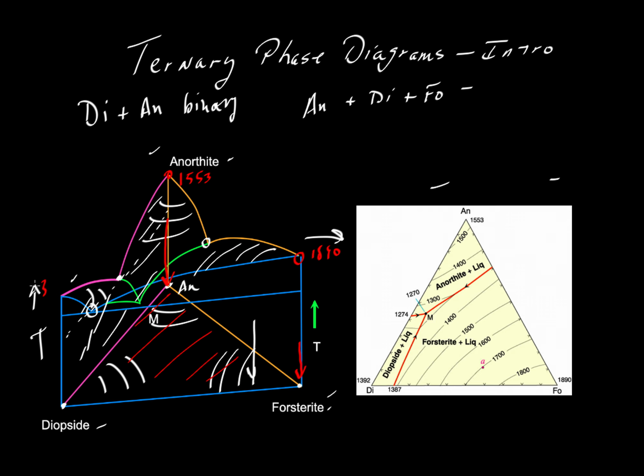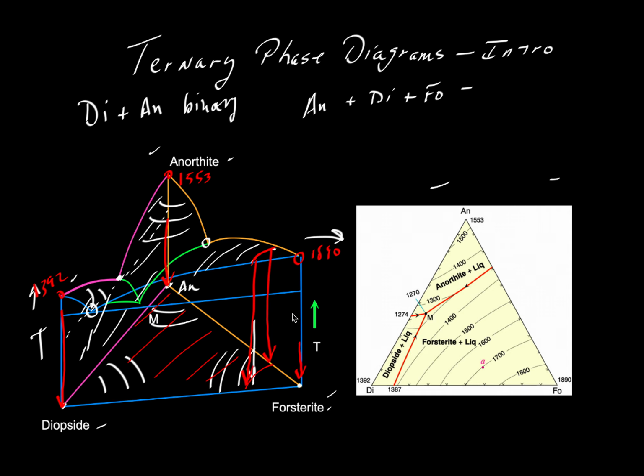Diopside at 1392 there. And we'll take that temperature and project it down. And then we have contours such as this. So let's say this one here is the 1800 degree contour, and it would be that contour right there, just projecting that contour line down onto that surface.